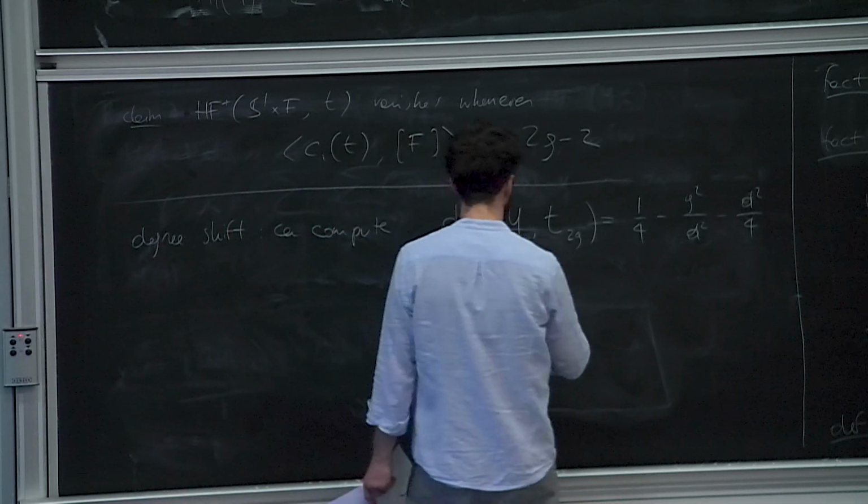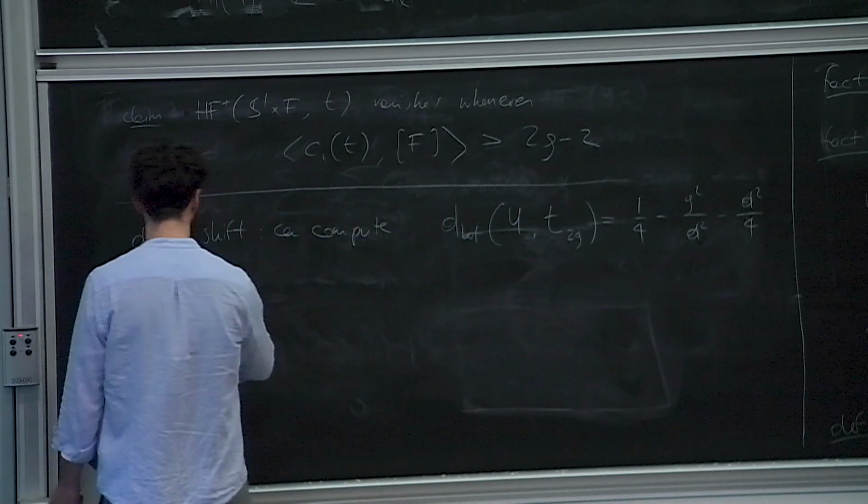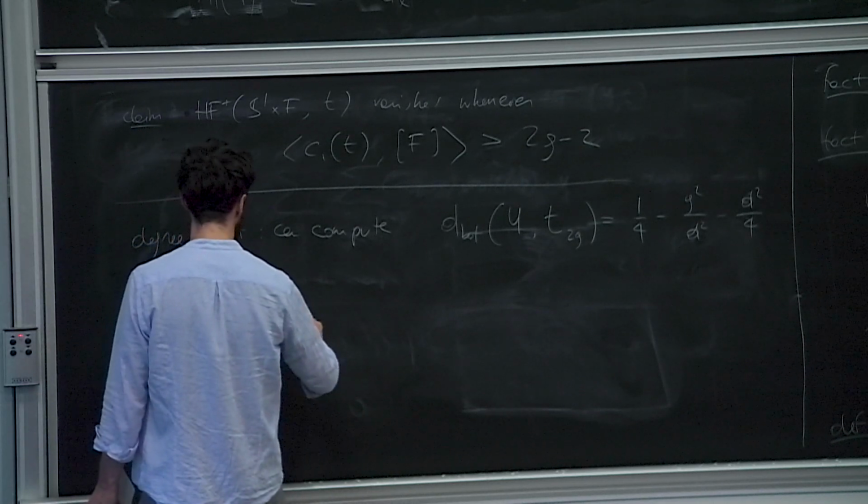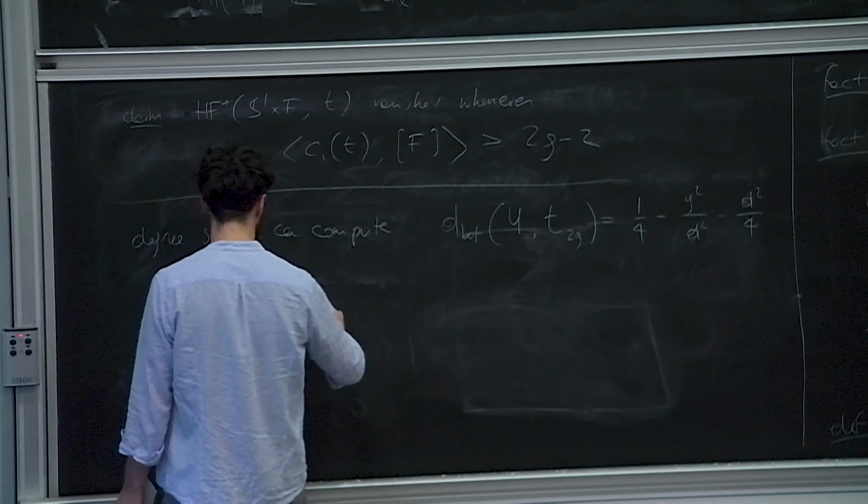And the spin-C structure t_g is the restriction of the spin-C structure s_2g.